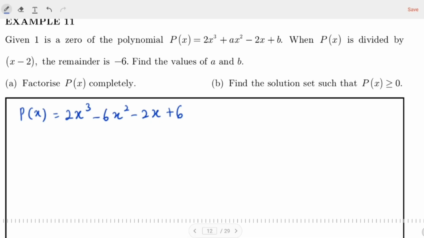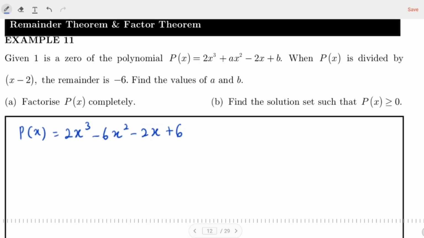So in order to factorize p(x), since the highest degree of p(x) is x to the power of 3, it is safe to say that p(x) has 3 factors, and one of the factors is x minus 1. Since x equal to 1 is one of the roots, one of the factors is x minus 1. We need to find the other 2 factors.